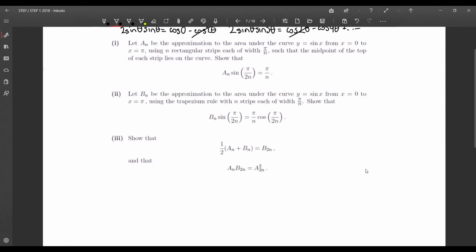Alright. Let A sub n be the approximation to the area under the curve y. So we have 0, pi, this is sine of x. Midpoint of the top of each strip lies on the curve.